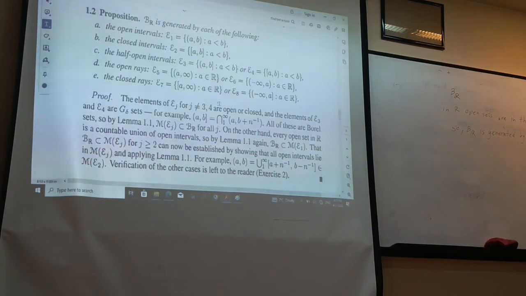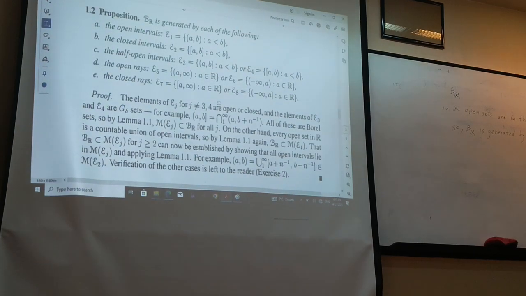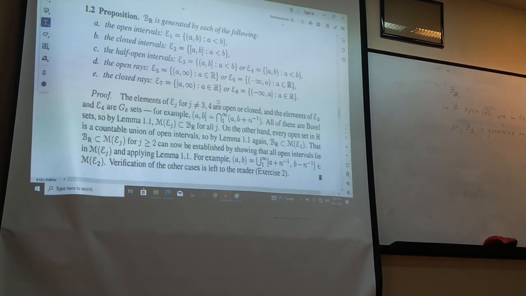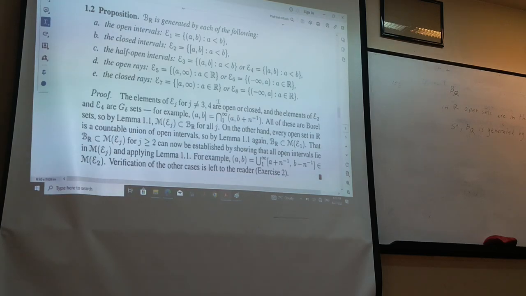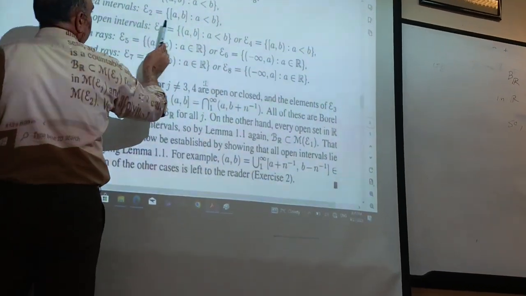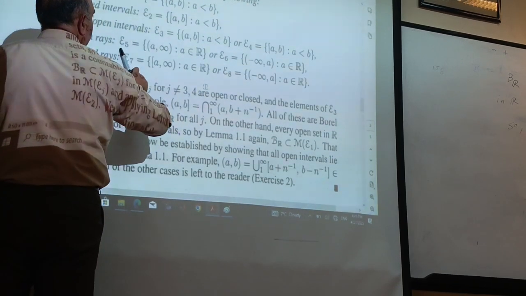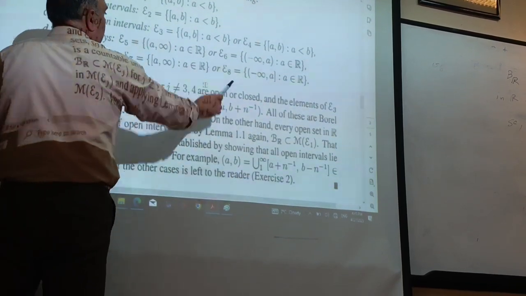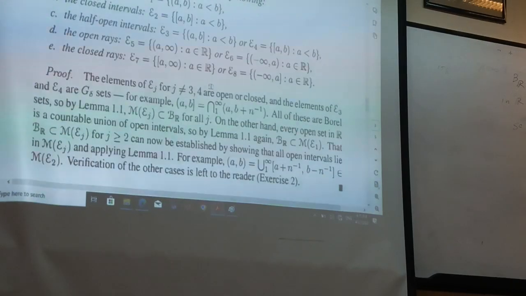So the Borel sigma algebra on R is generated by E1, E2, E3, E4, E5, E6, E7 and E8. Okay.